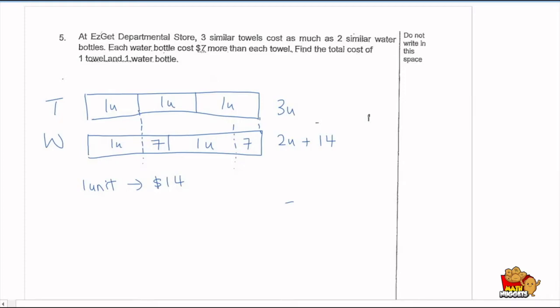So find the total cost of 1 towel and 1 water bottle. 1 towel is 1 unit, 1 water bottle is 1 unit and 7. So in total I will have to find 2 units, which is $28. And on top of that I need to add that $7, which is $35.